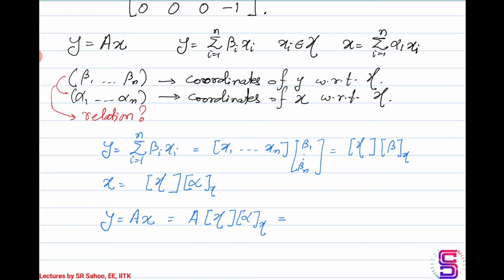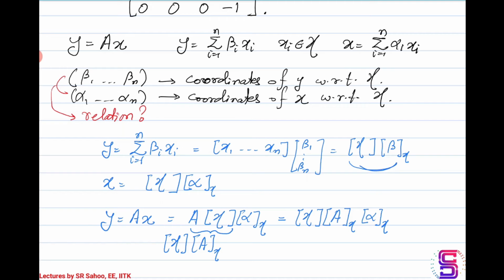So if you refer back, you'll see that this is nothing but the basis vector x multiplied by the matrix representation of A with respect to x. Okay, so I can write this as the basis vector x multiplied by A times x and the coordinates alpha x. What was y? y is essentially in terms of the coordinates beta.